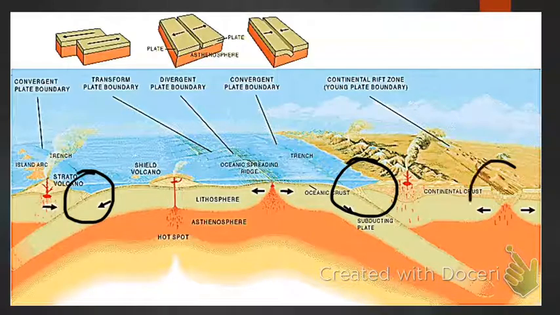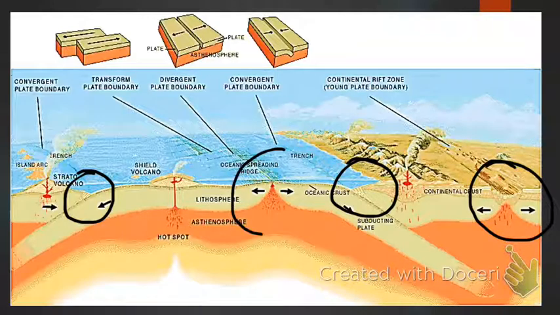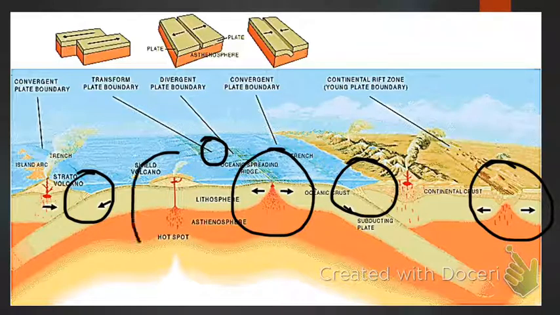You have continental rifting, divergent, moving apart. And then you have seafloor spreading right here, which is also divergent. So you have just about every single type of boundary except for continental convergence here. And then right here we have little transform boundaries between different pieces that are seafloor spreading. Here we have a hot spot right in the middle, some of that intraplate activity.